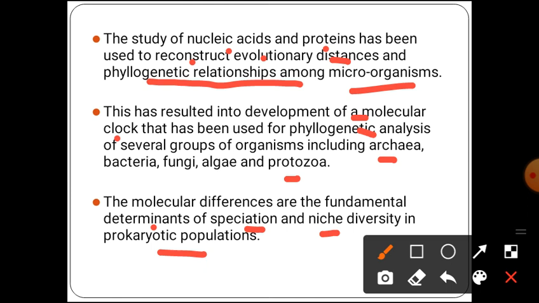Here the molecular clock is used to evaluate the mutation rate, to check how mutation has occurred from species to species. This is all for the molecular context to assess microbial diversity.